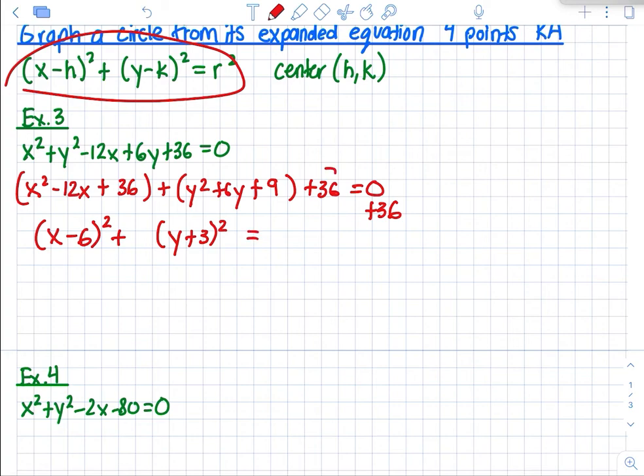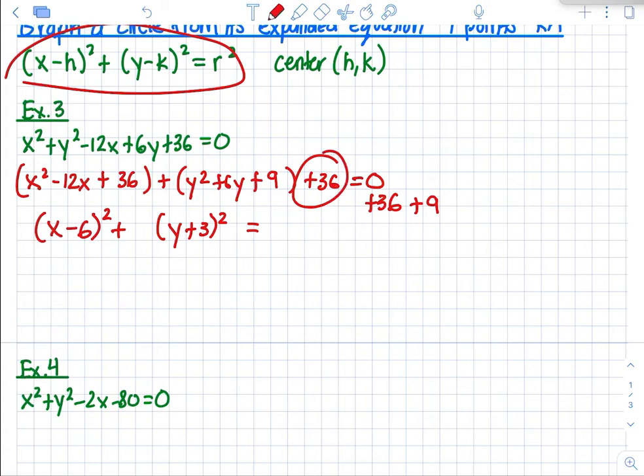Now, I forgot, if you added 9 there, you need to add 9 over here. Now we have to get rid of this 36 right here, so subtract 36 from both sides, and this is going to cancel. So now 36 plus 9 minus 36 is going to equal 9. So we got it into our circle equation.